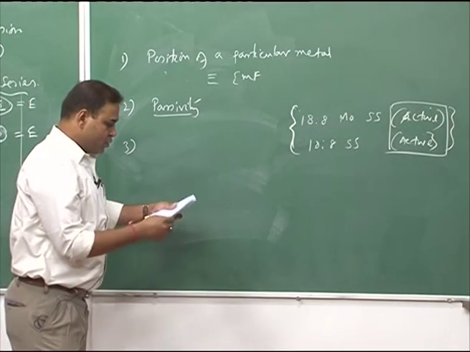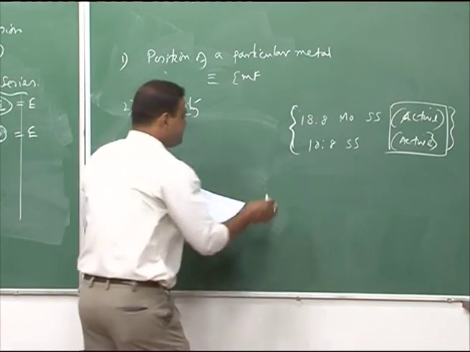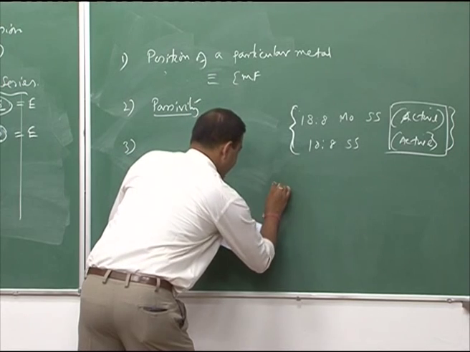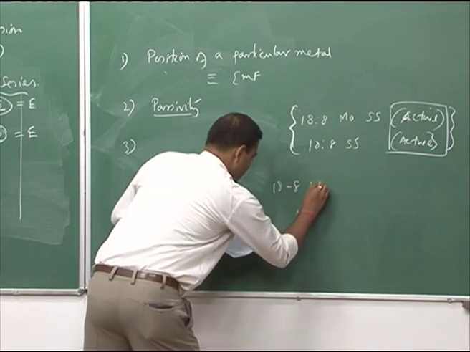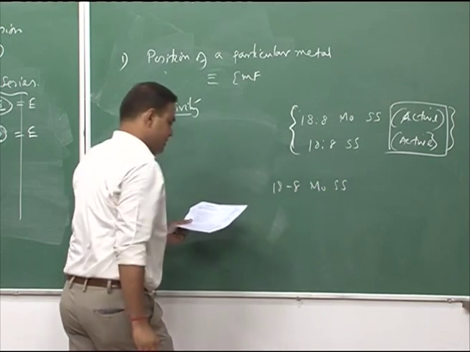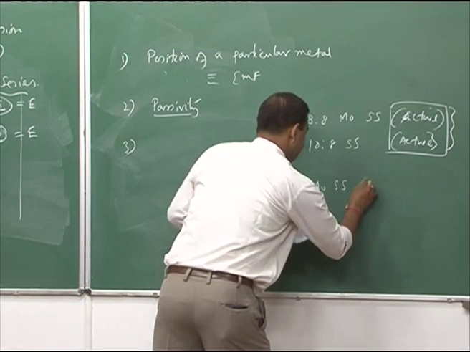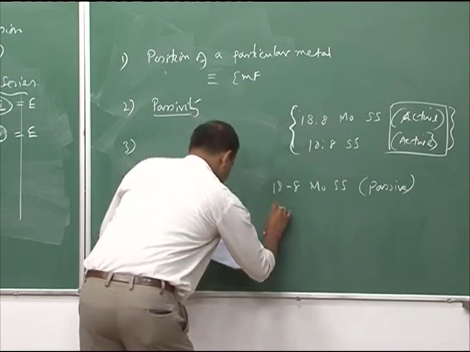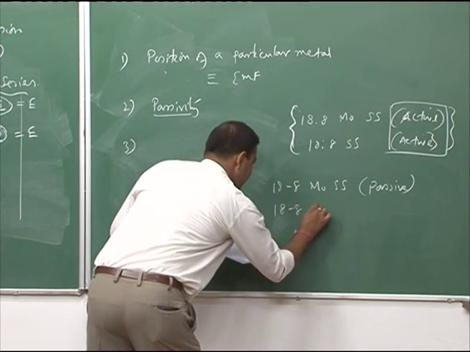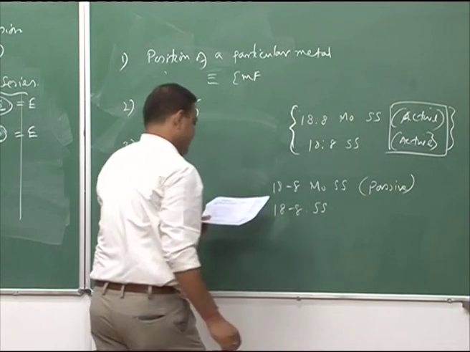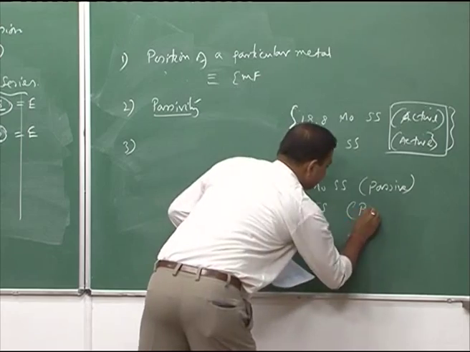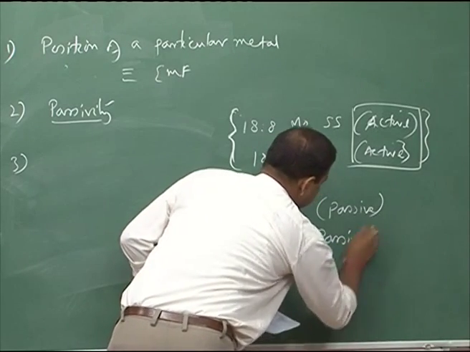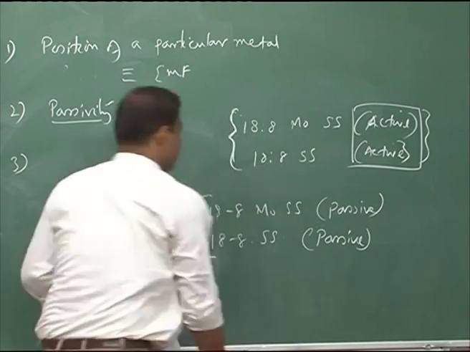Similarly, we can have another bracket which is 18-8 molybdenum stainless steel, where it is passive, and 18-8 stainless steel, SS meaning stainless steel, passive. There also you will see a bracket.